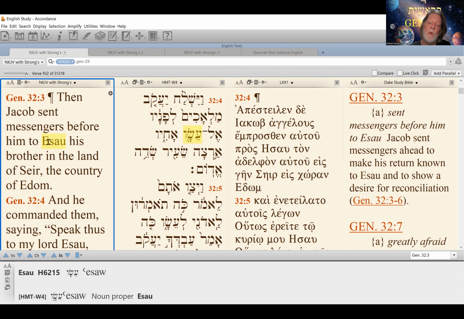And so that was one of the names he was given. He goes and lives in the land of Seir. Seir is a mountain, actually a mountain range, kind of in the southern part of the Promised Land. Actually, even outside, south and east of the biblical era extent of the Promised Land.